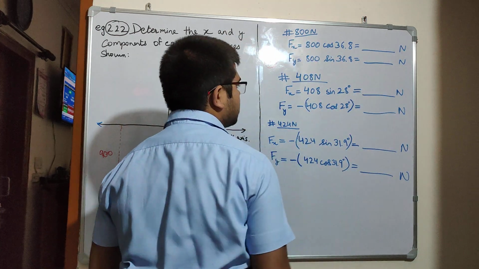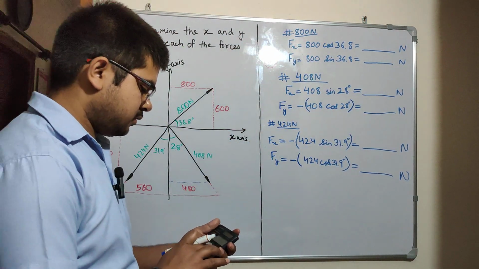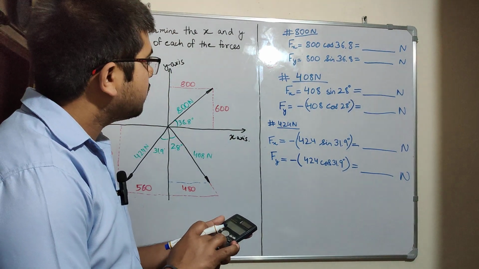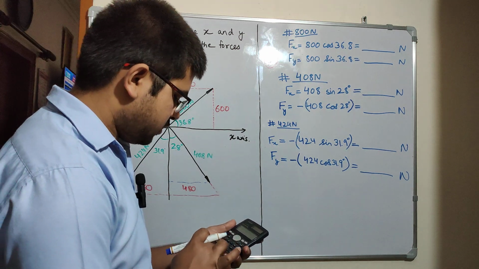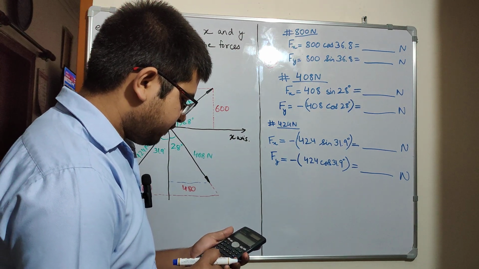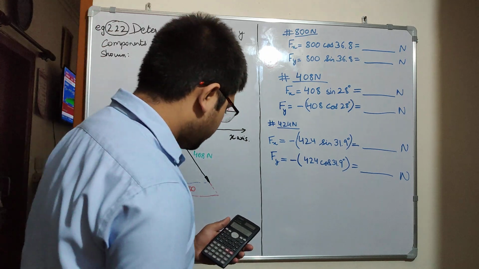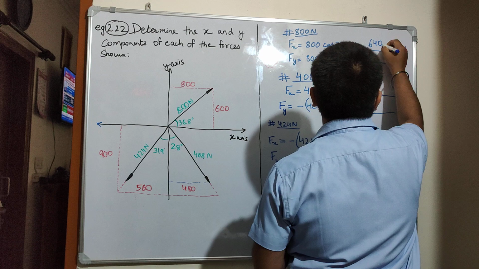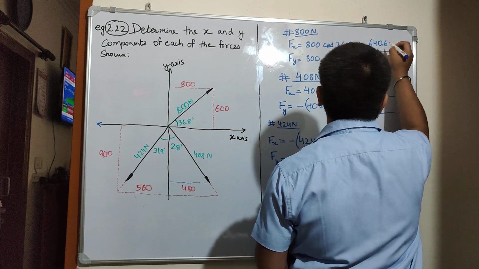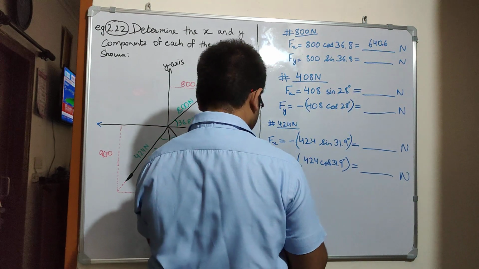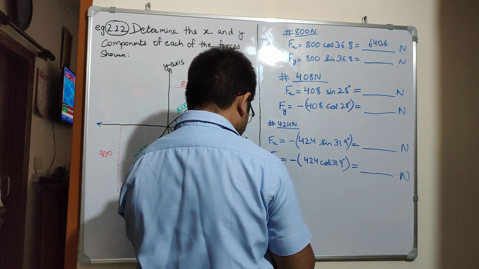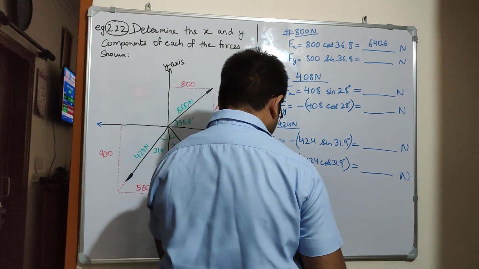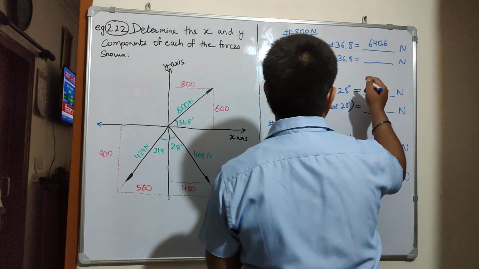Now we have to calculate the 6 values. Those 6 values we can calculate now as 800 cos 36.8, which comes out as 640.6 Newton. 800 sine 36.8 is 479.2.